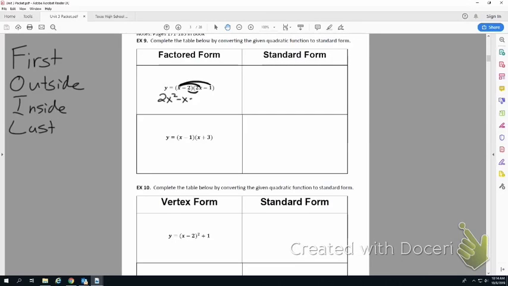Negative 2 times 2x, which is negative 4x. And then the last term from each, which is going to give me positive 2. I would then need to combine my two middle terms. And that's how you do FOIL.